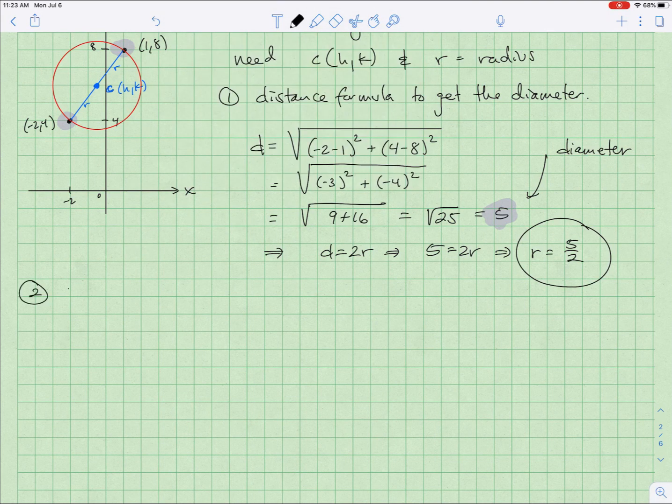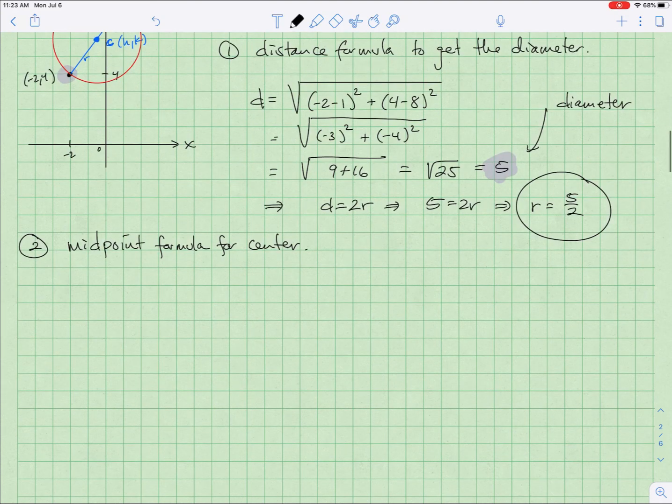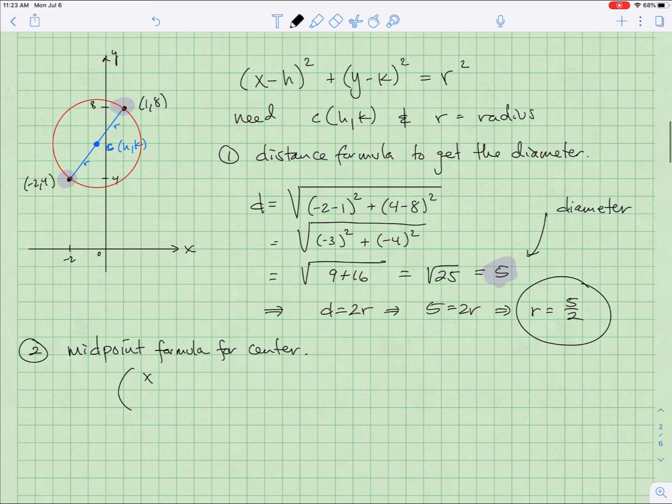The second thing that we're going to need from early on in this course is the midpoint formula for the center here because we have the 2 endpoints. So if you guys remember, the point that's right in the middle here is halfway between the x values and halfway between the y values.